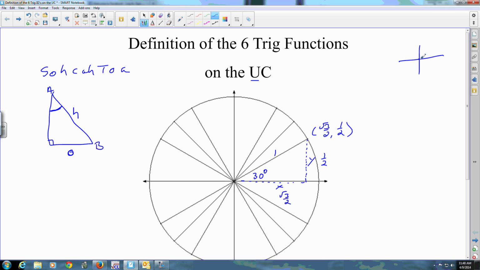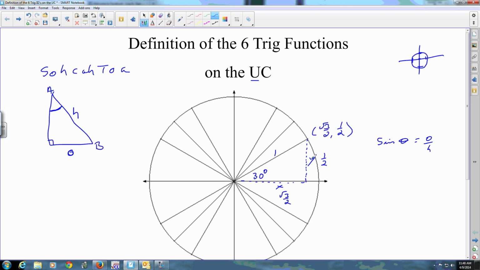Remember that it's centered at 0, 0, and your radius is 1, so it's a circle, radius 1, on the regular XY grid. So, what does that have to do with the SOHCAHTOA? Well, one of the definitions you've had is sine of theta is your opposite over hypotenuse. Well, look at it here.